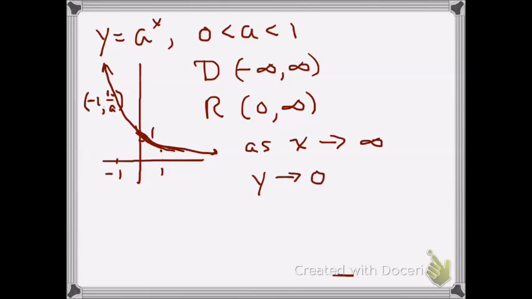So we have, again, a horizontal asymptote, which is the x-axis or the line y equal to 0. And these are one-to-one functions. They're smooth, continuous. They pass what we call the horizontal line test, and so they will have inverses. Okay, so the inverse function exists.